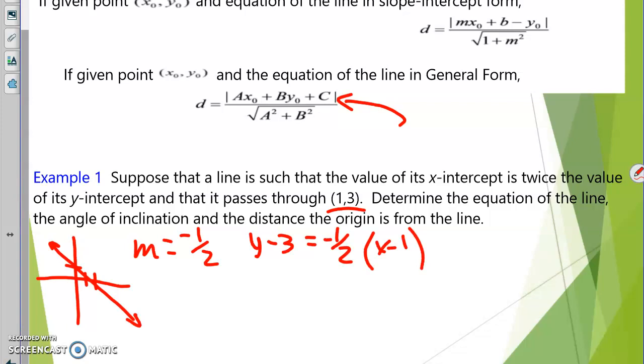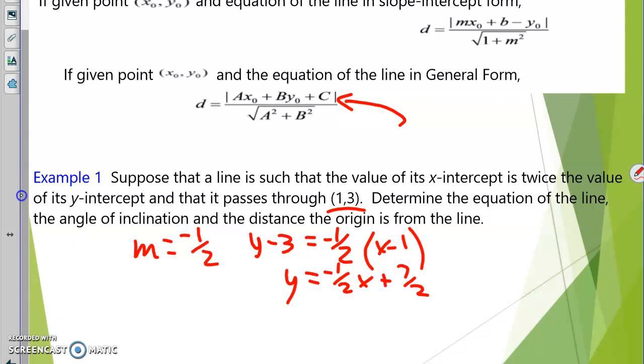And if I do a little bit of solving here, I get y equals -1/2 x plus 7/2. If I graph that, 1, 2, 3, 4, 7/2 would be 3.5. So it's going to look something like that.